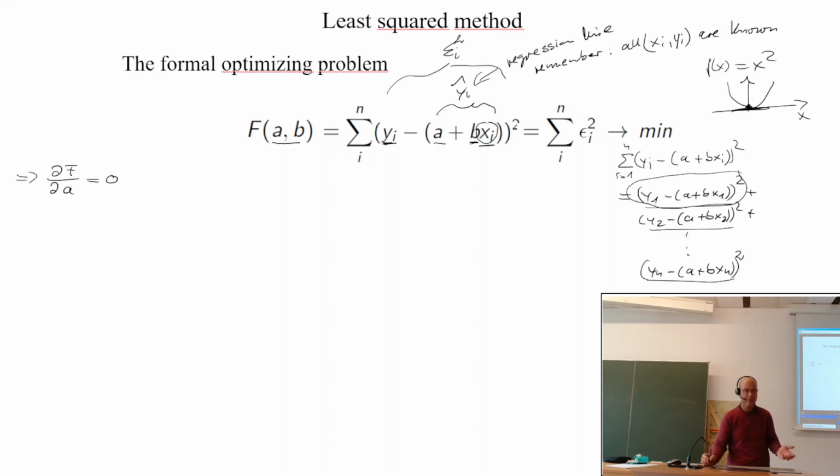Well, and if you have to calculate the derivative of the first part with respect to a, what is it then? Just take the derivative of this part. You know, this is a fixed number and this is a fixed number.